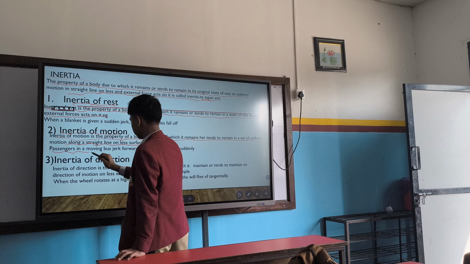For example, when a wheel rotates at high speed, the mud sticking to the wheel flies off the wheel.